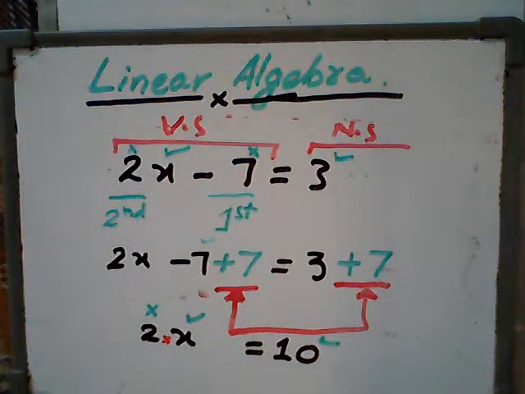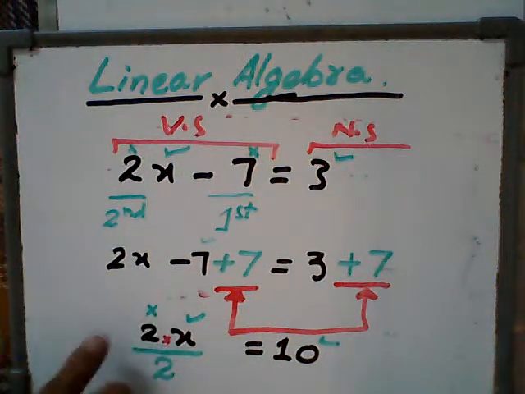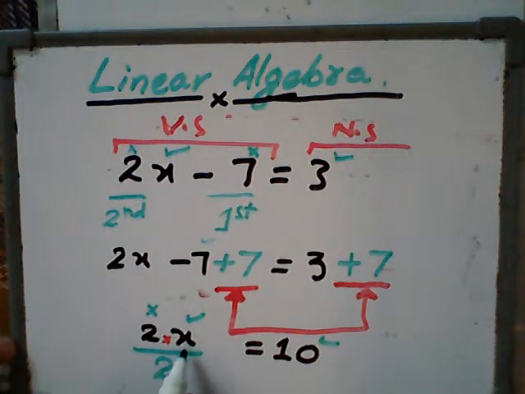So how will we remove this one? We may use one technique: whenever we have division or multiplication, we may cancel it by dividing by 2. If it is divided, it may simplify. 2 ones are 2 and 2 ones are 2, and this will be simplified and there will be no more number.